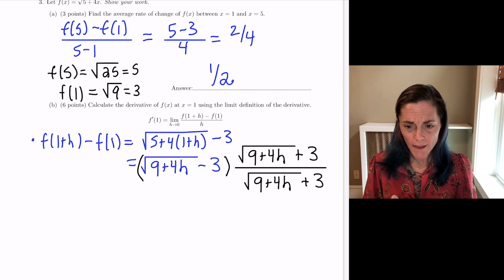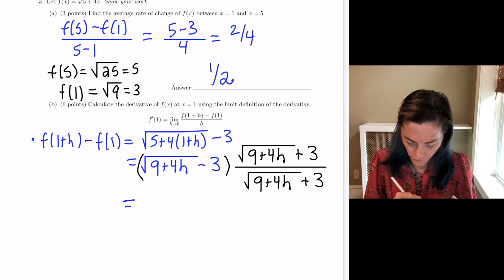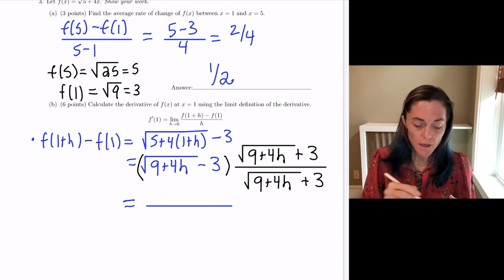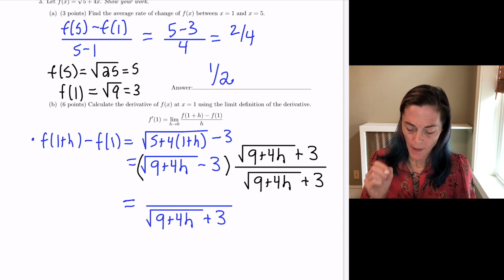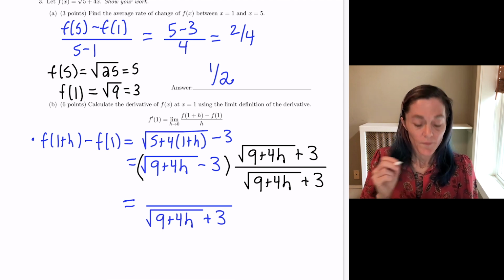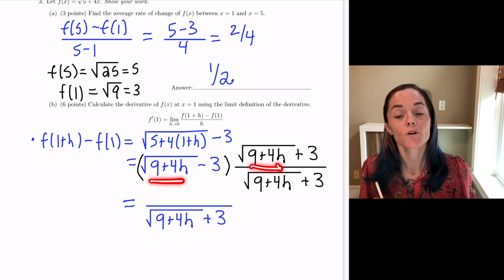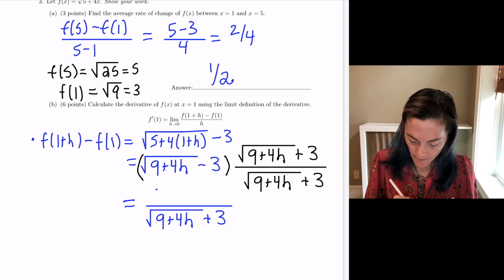But what's going to happen here? Well, my numerator is what's going to be wonderful. So the denominator, I'll just copy and paste. My numerator, well, when you have the first, we get 9 plus 4h.